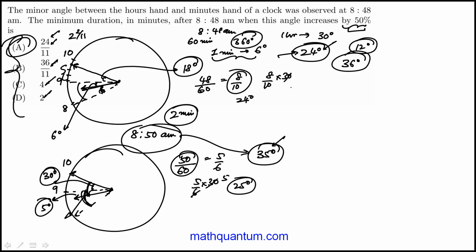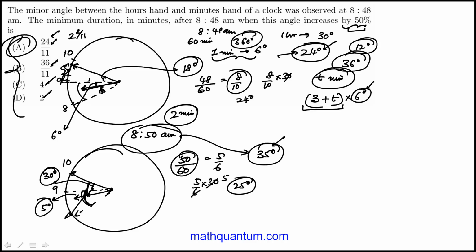Now, if you want to write this algebraically, let's say t minutes have elapsed, then what we'll say is that the angle that would have gone up is, so we were at 8:48, which corresponds to that point here. Well, actually 3 here. So 3 plus t times 6, because 6 degrees is what you're getting for each minute.